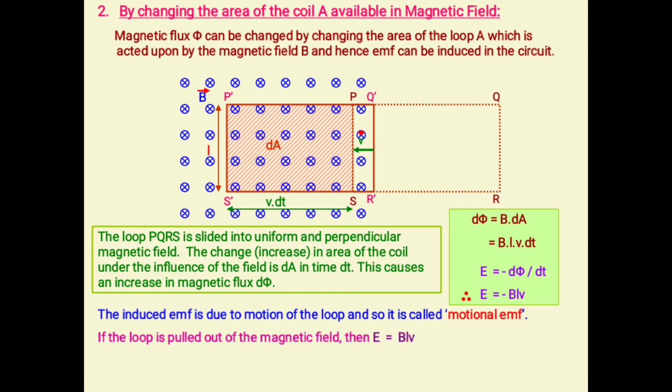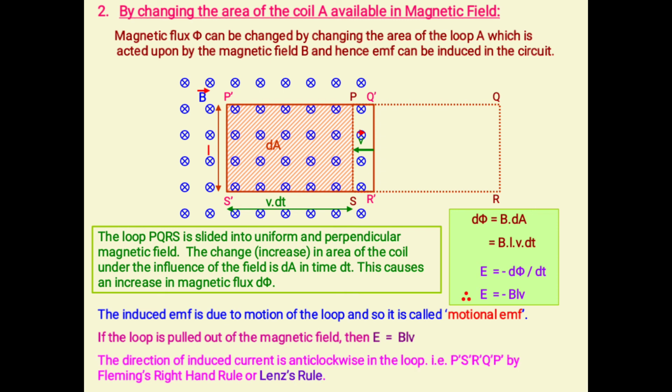And if this coil is moved away, out of the magnetic field, definitely E will be BLv. Minus and minus becomes plus. And how can we find the direction of induced current? We can find it by Fleming's right hand rule. We will discuss it later.